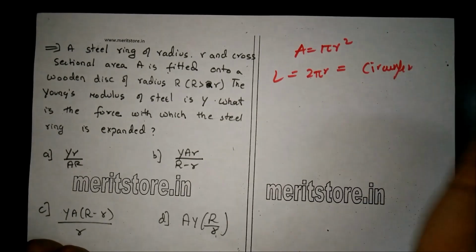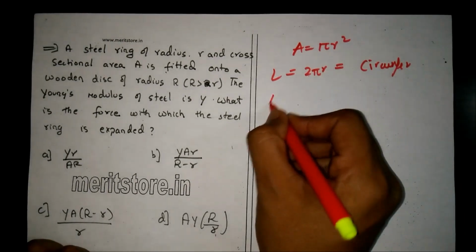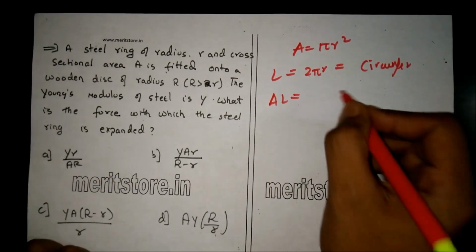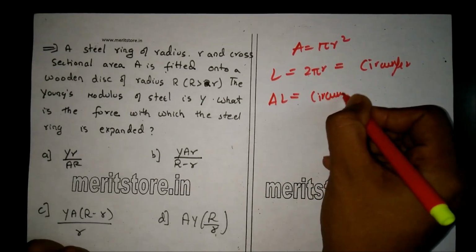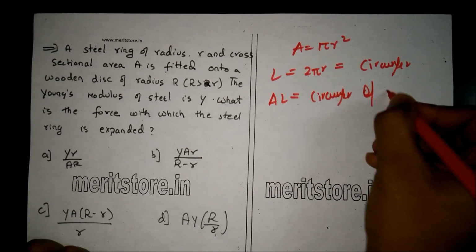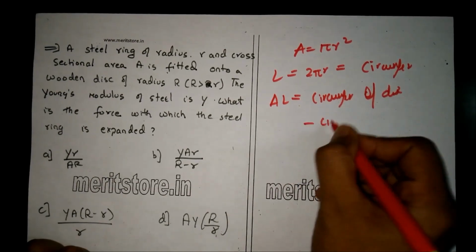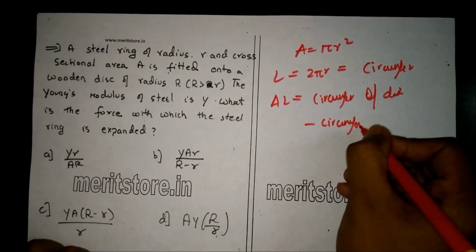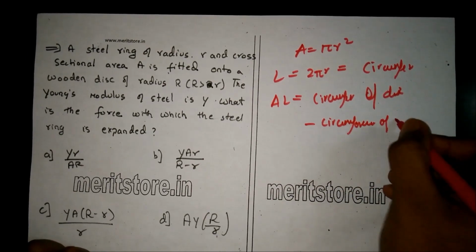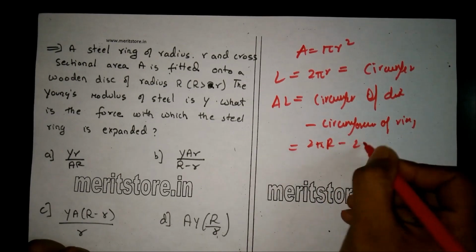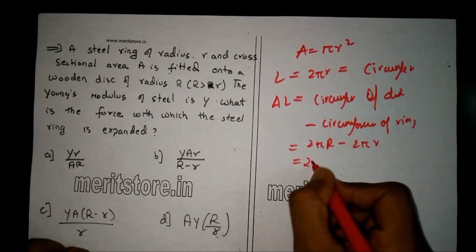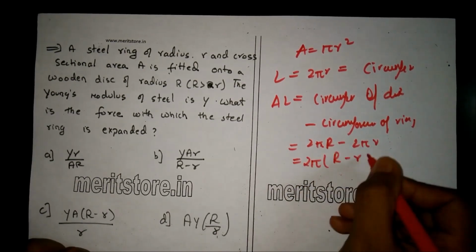Now, the ring is fitted on the disc. Therefore, the change in length delta L will be equal to the increase in length of the wire of the ring, which is equal to the circumference of the disc minus the circumference of the ring, which is equal to 2 pi capital R minus 2 pi small r, which is equal to 2 pi into capital R minus small r.